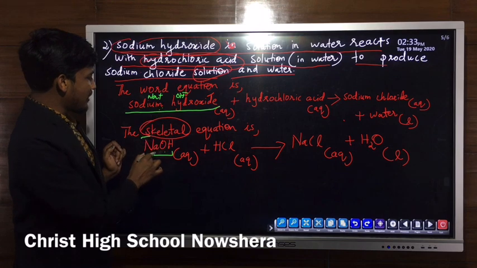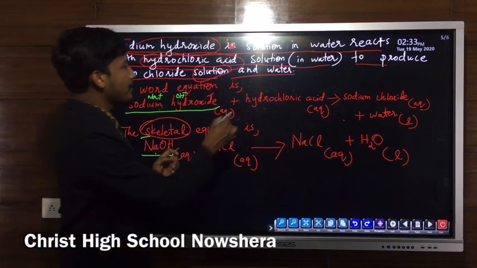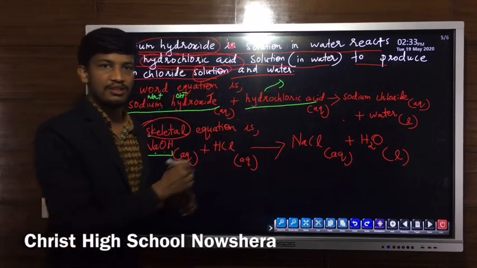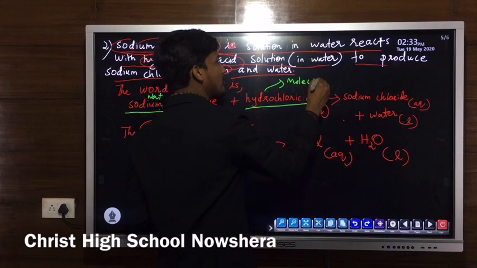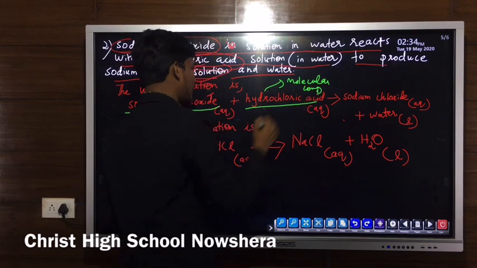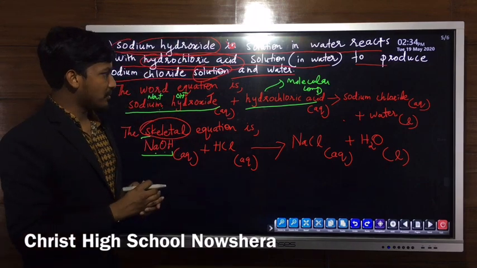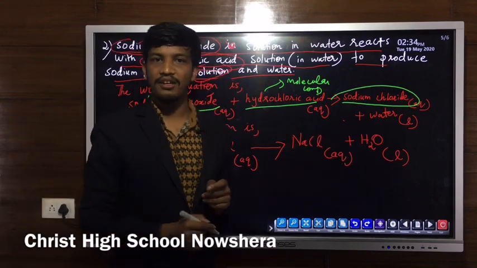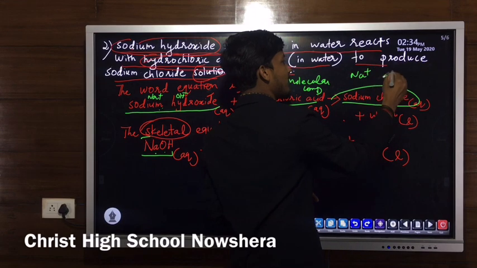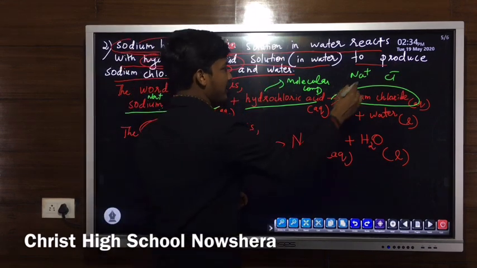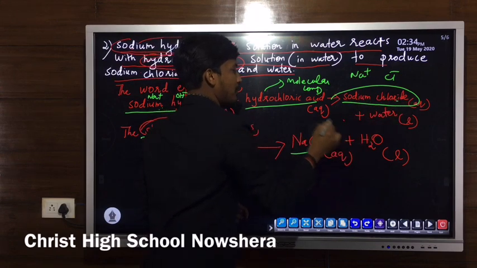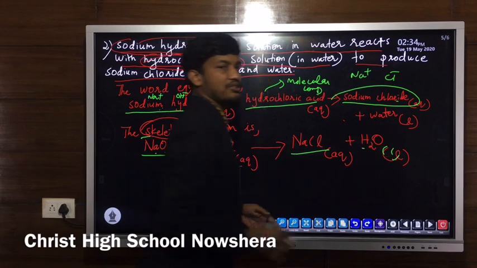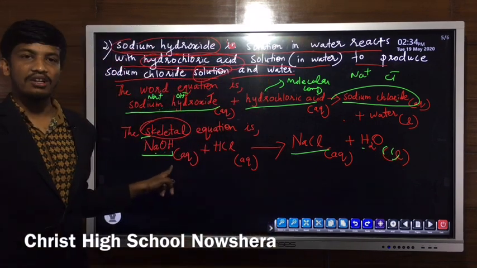So sodium hydroxide NaOH plus hydrochloric acid. Hydrochloric acid is not an ionic compound. We have learned it is a molecular compound, so you have to learn its formula. Its formula is HCl, aqueous solution, to give sodium chloride. Sodium chloride is an ionic compound. Sodium cation Na plus, chloride Cl minus, exchange valencies, you will get NaCl, aqueous solution, plus water. Water, the formula H2O, is in the liquid state. So this is the skeletal or unbalanced equation.